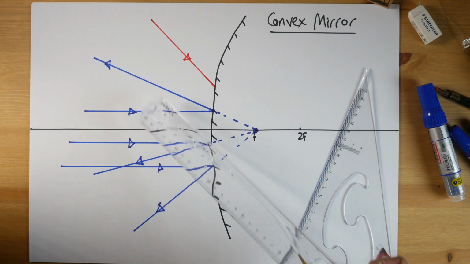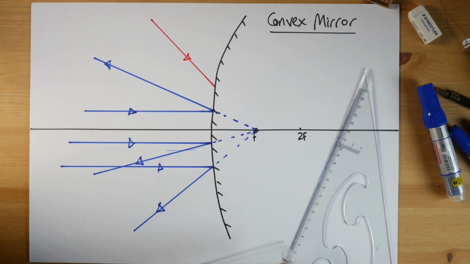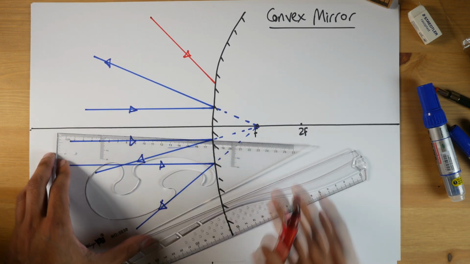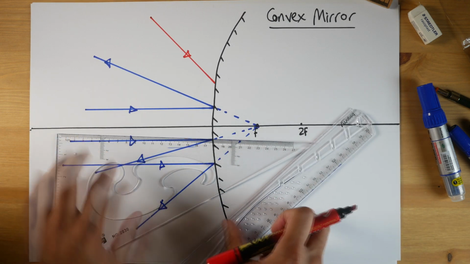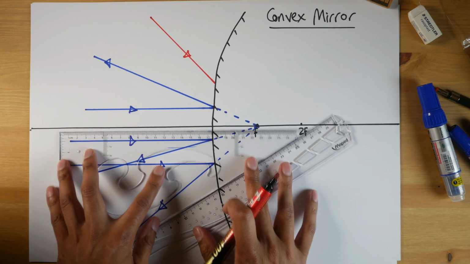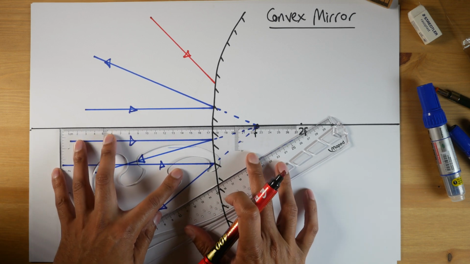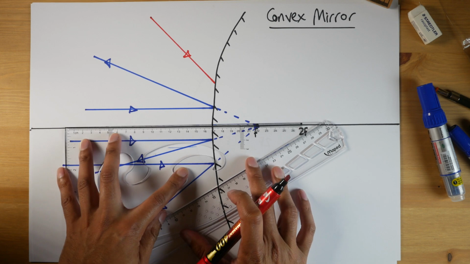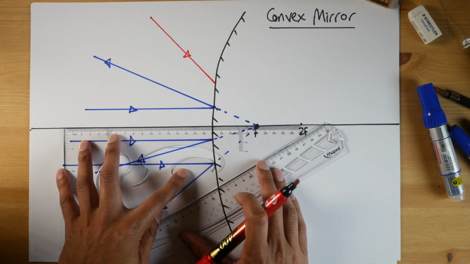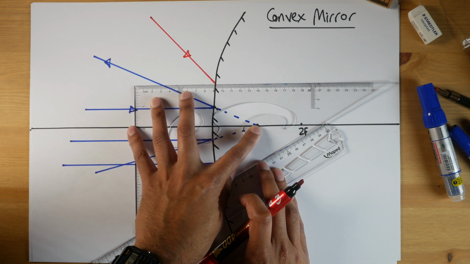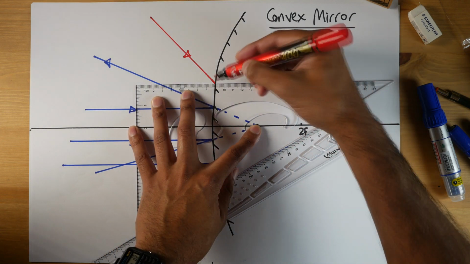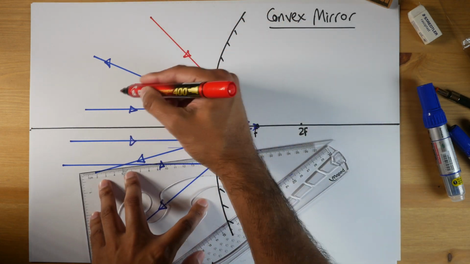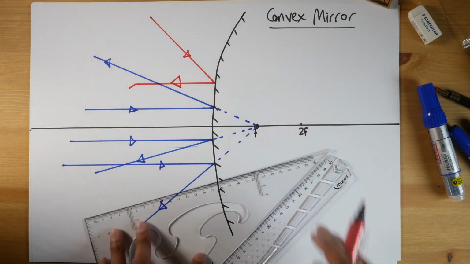Well, it's basically the opposite of one of these ones, so it's going to be reflected parallel to the optical axis. So again, we do this with the set square, like this, so it just gets reflected parallel. Just messed up a little bit there, but you get the idea.